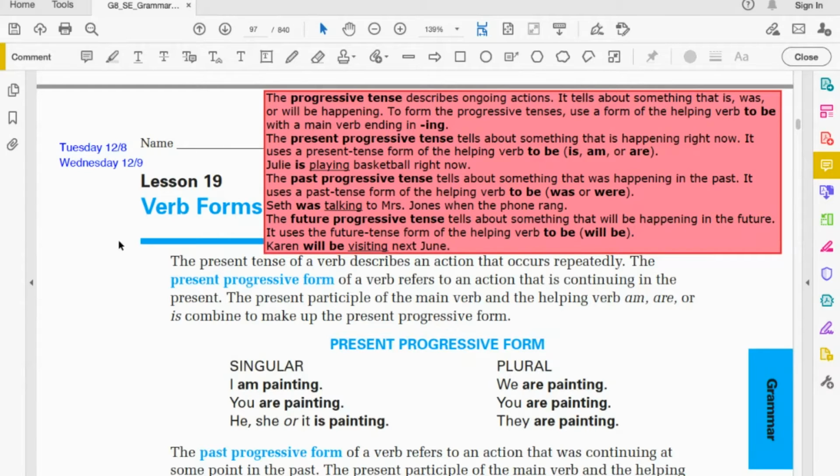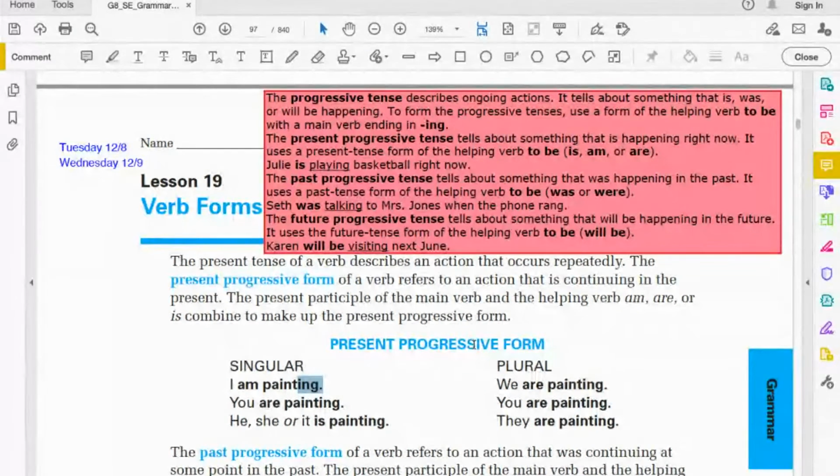The key to forming these progressive tenses lies in, number one, selecting a helping verb to match present, past, or future. Number two, to take the base verb. And number three, to add ing to each of the base verbs.